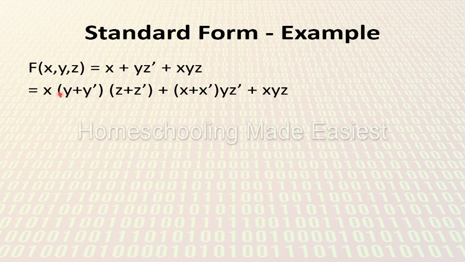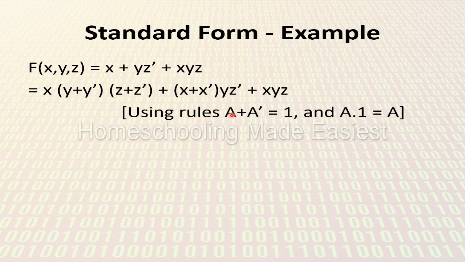Now, why can we do this? Even though we are introducing these variables to the terms, their truth value will remain the same because of a rule. We have a rule that says a plus its complement is equal to 1.